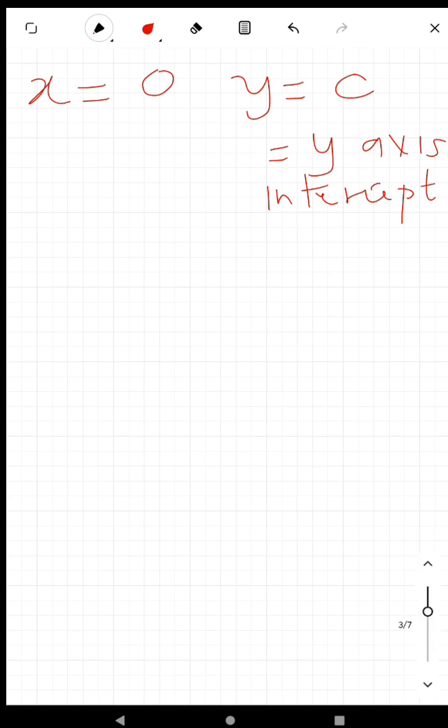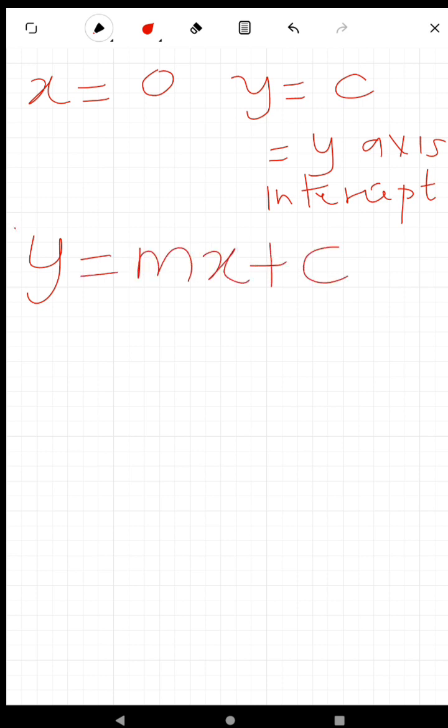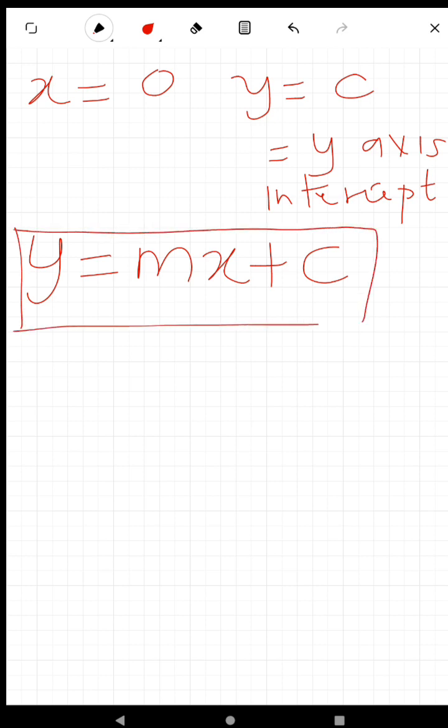That should be very clear now. So what we'll do today is make sure we are very clear with this equation, y is equal to mx plus c.